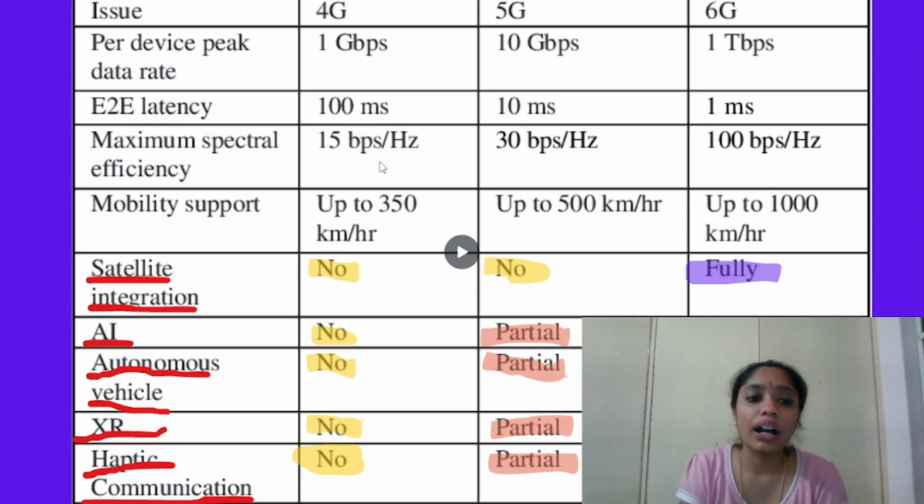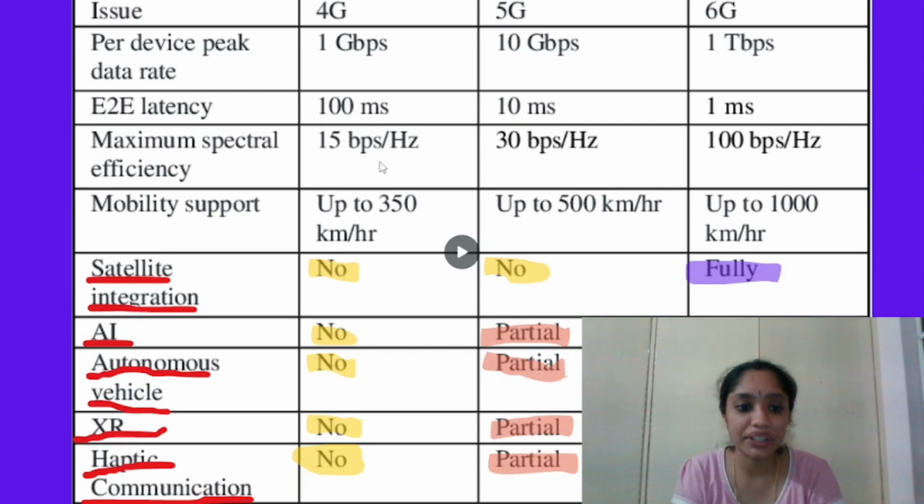Autonomous vehicles. As we have seen, there are some hybrid vehicles and also electric vehicles. In those vehicles, 4G does not support. 5G will support partially. 6G will support it fully. XR. In 4G there is no XR.